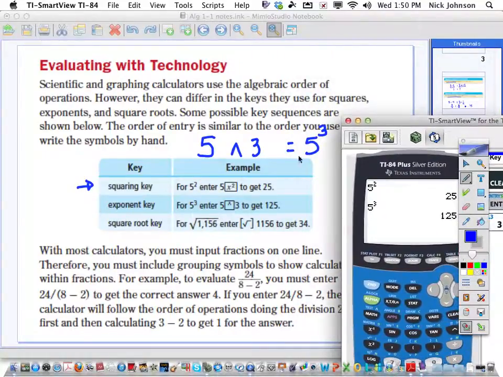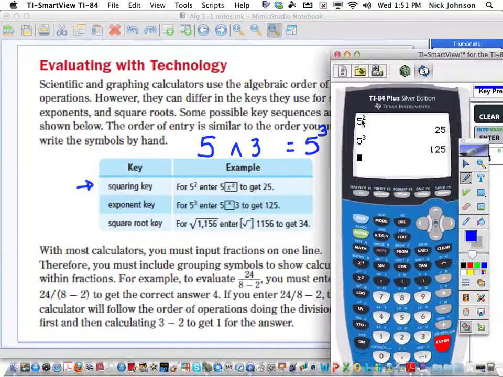Okay? The square root key. The square root key is found as a second function on your squaring key. To get second function, you hit this light blue button on my TI-84. It's a yellow button on your TI-83s. So, say for instance, I wanted to find the square root of this number.